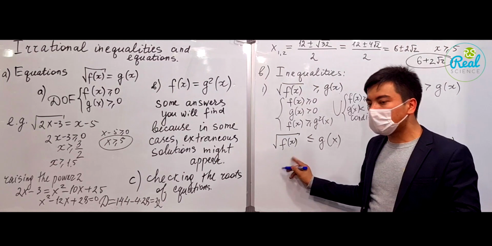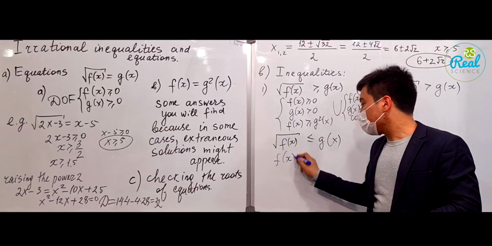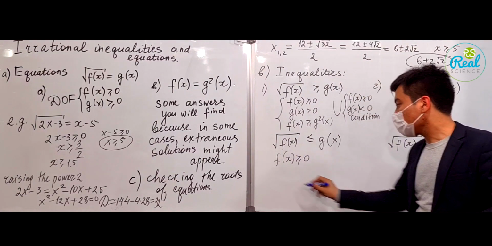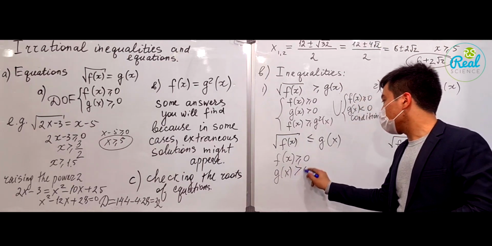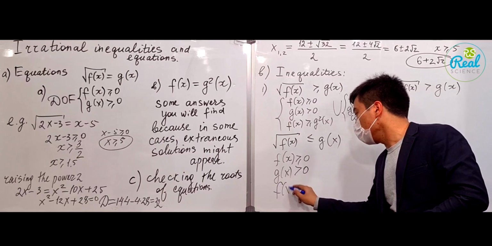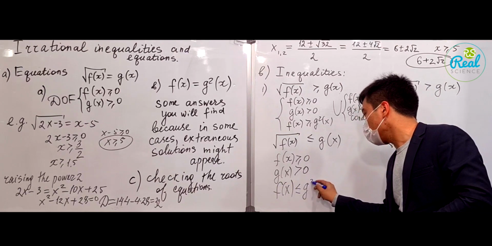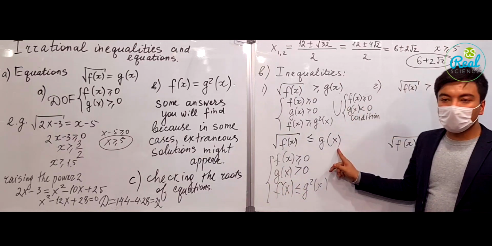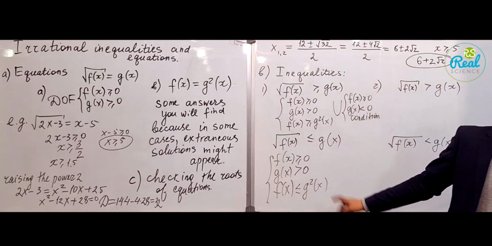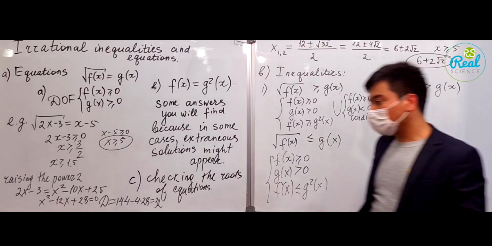So, what about this one? f(x) must be greater than, g(x) must be greater than, and only raising to the second power. But students, here g(x) cannot be negative. Why can it not be negative, students?